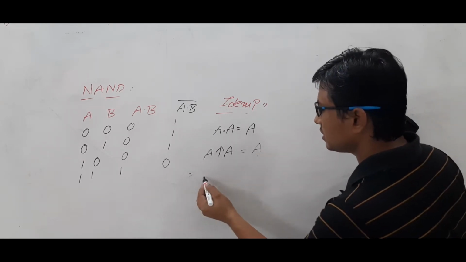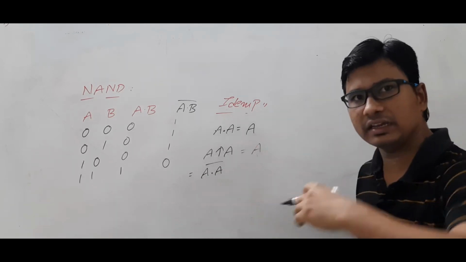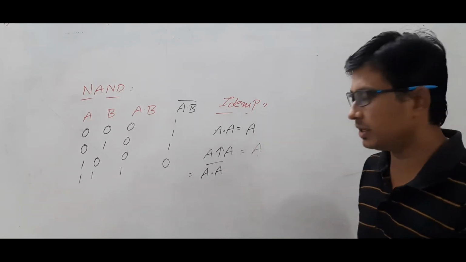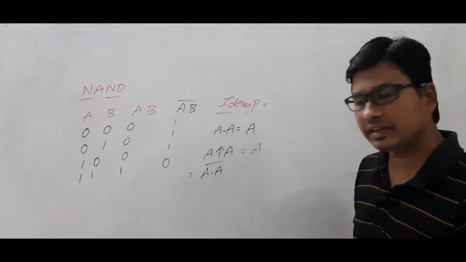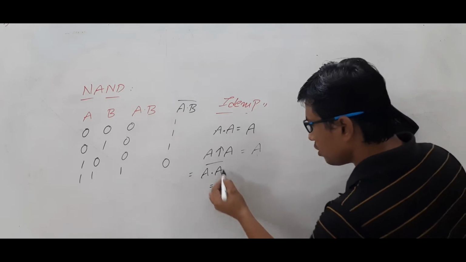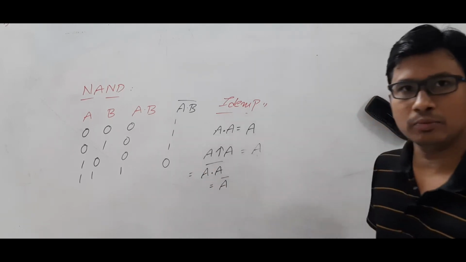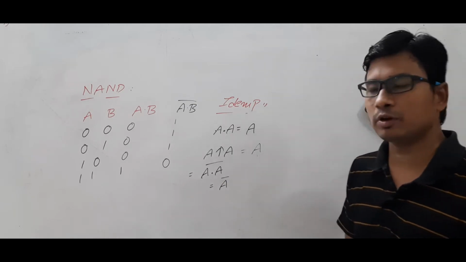So you can write it like this also: A and A, whole complement. Am I right? What is A and A? It is equal to A. So over the complement it will produce A's complement, not A. Are you able to understand what the idempotency property is?